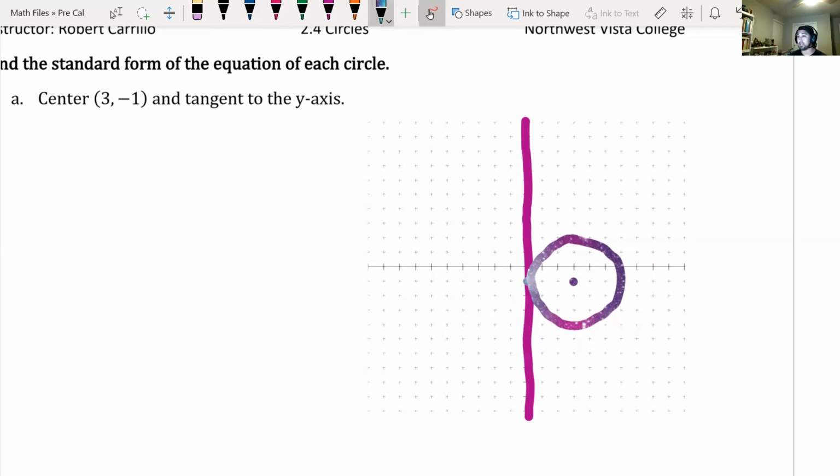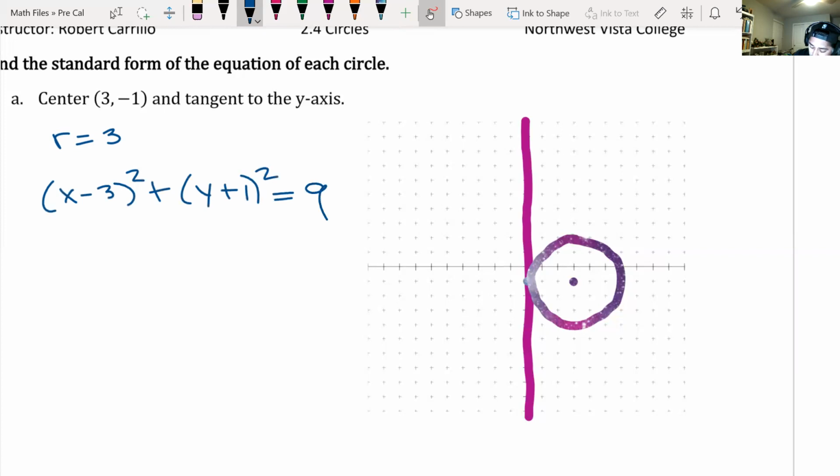That means we can complete the standard form, because now we know the radius is 3, and therefore the equation of this circle is (x - 3)^2 + (y + 1)^2 = 9.